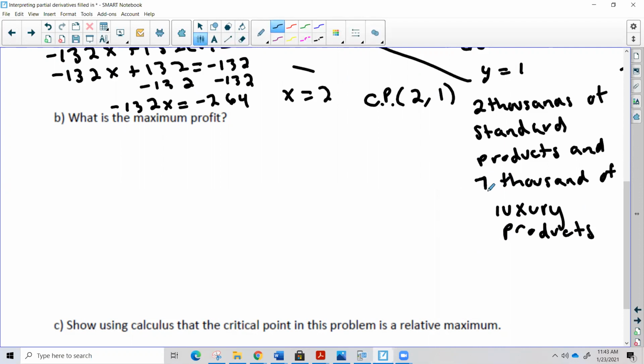So that should be where the max is. Like I said, we're going to verify it's a max in part C, so I'm going to wait to do that part.